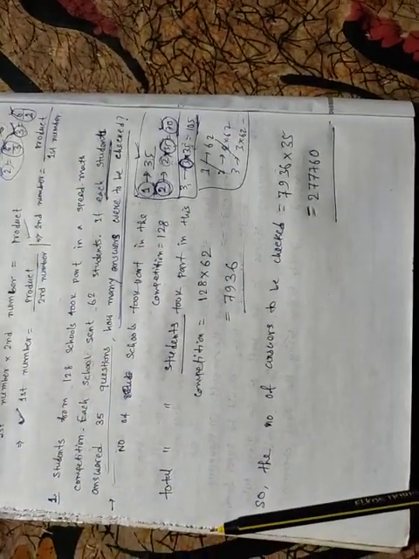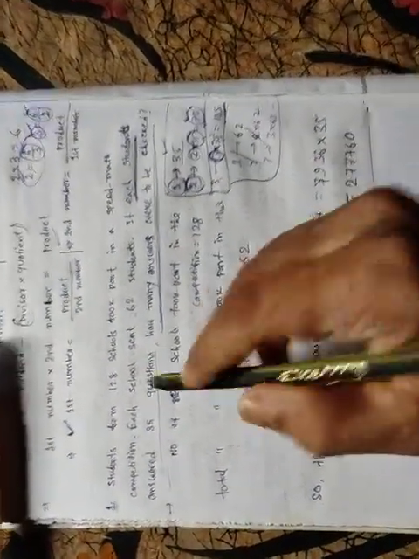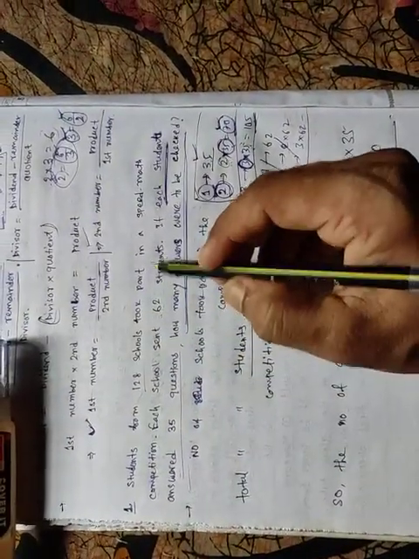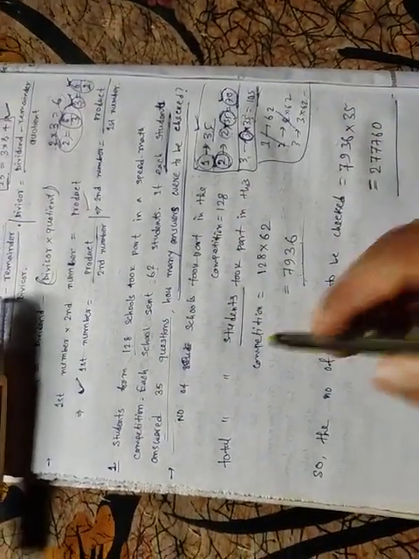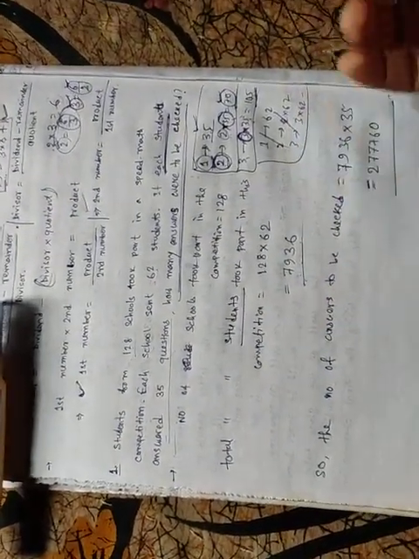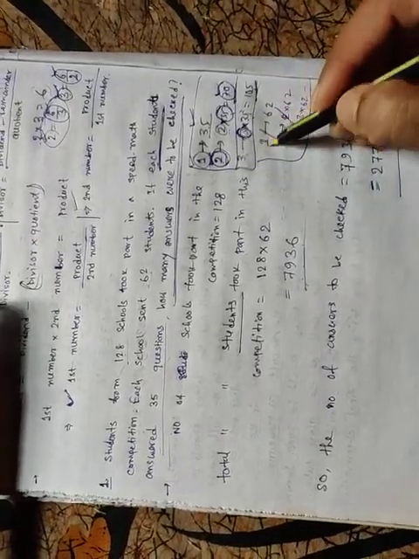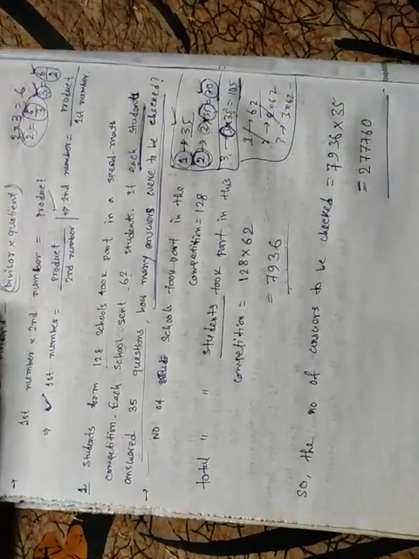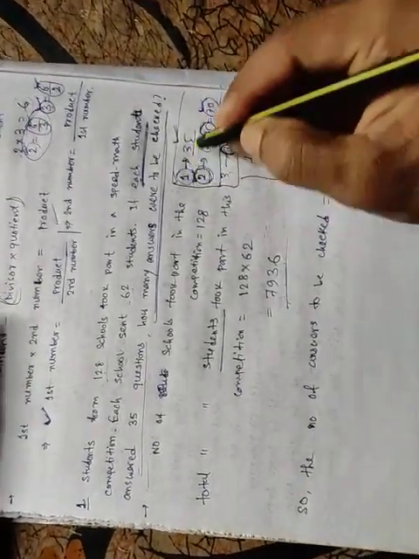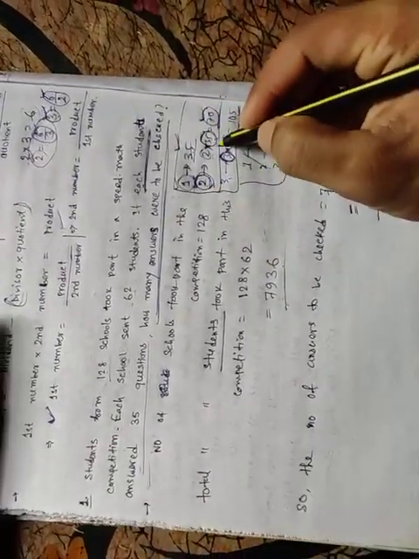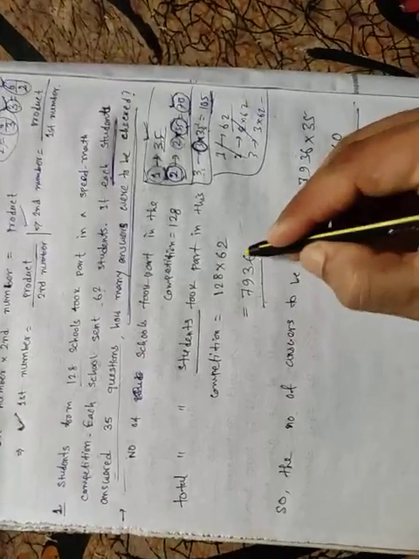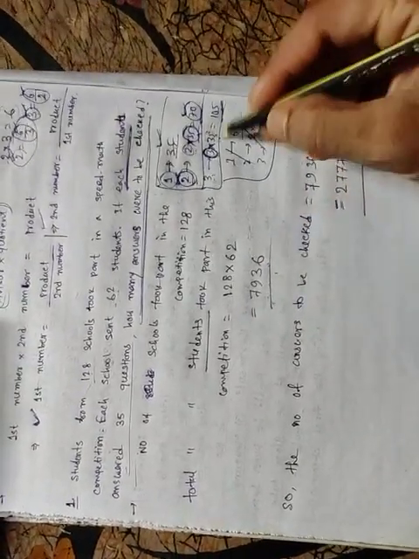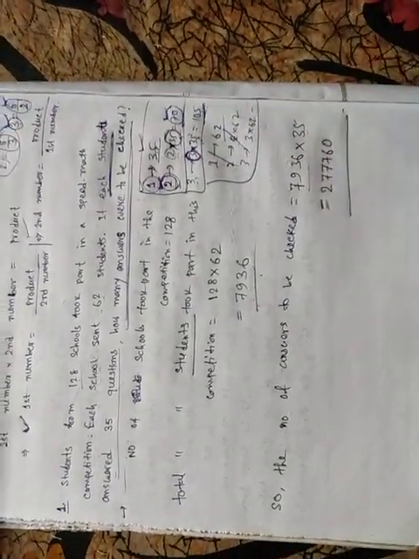Clear? How did I do this? So 128 schools took part, each school 62 students, so the total number of students is 128 into 62. So I have got the total number of students. Again, one student 35 answers, two students 2 into 35 answers, three students 3 into 35 answers, so this number of students into 35 answers.